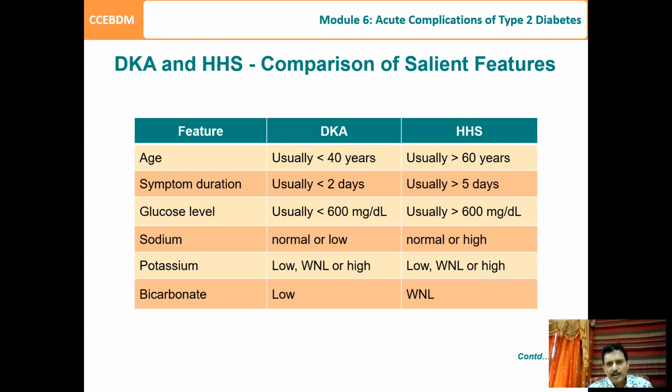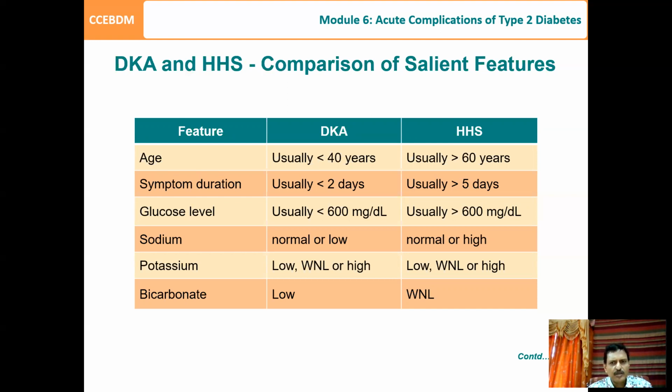Symptoms: DKA develops within 2 to 3 days, whereas HHS develops over 5 to 7 days. As I've told you, in DKA the blood glucose level usually varies between 250 or 300 to 600 milligram. In HHS, it is always more than 600 milligram.